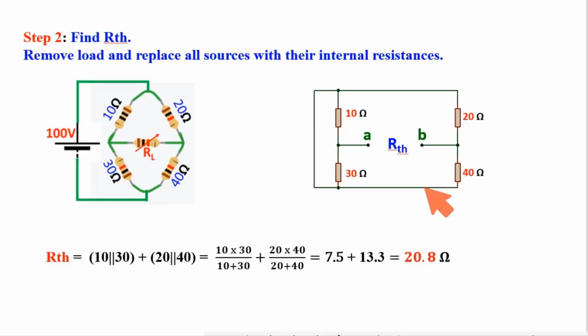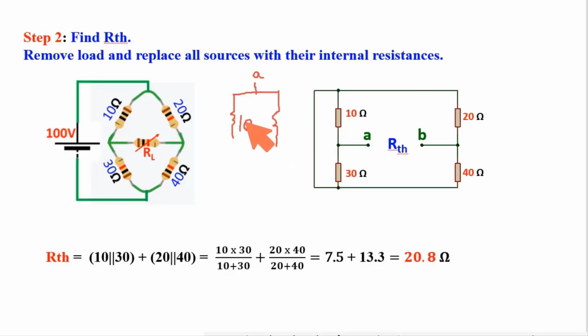If it is difficult to understand which resistances are in series or parallel, you may redraw this resistive combination into a simpler one. I start from point A. It has two paths, 10 ohm and 30 ohm. So I redraw it with two paths, 10 ohm and 30 ohm.